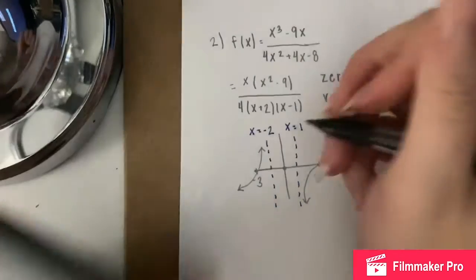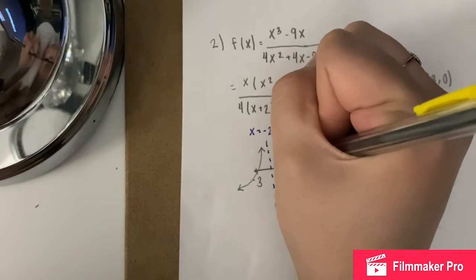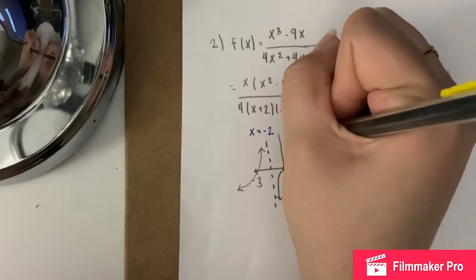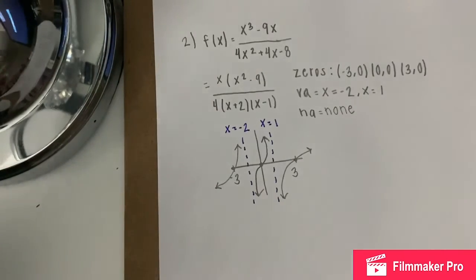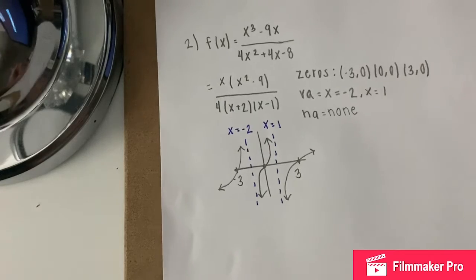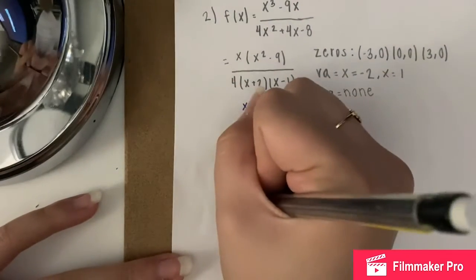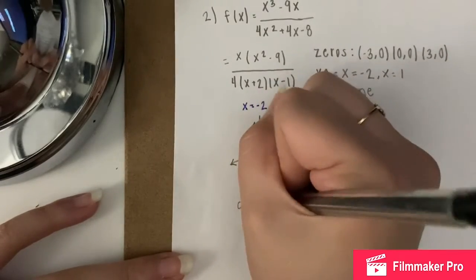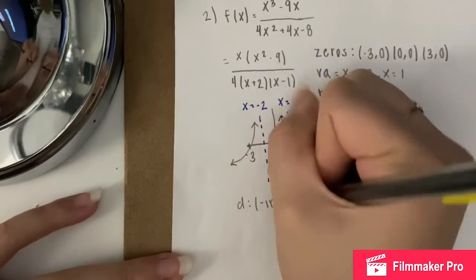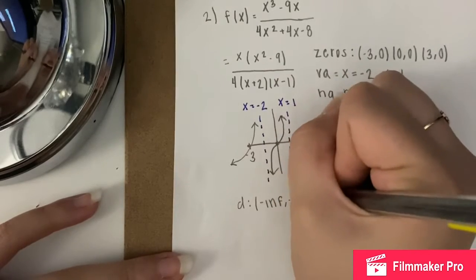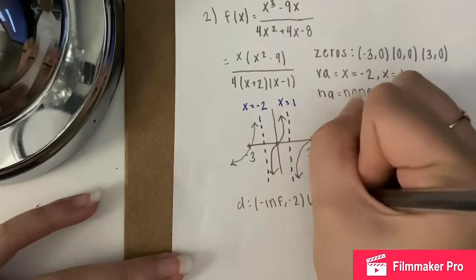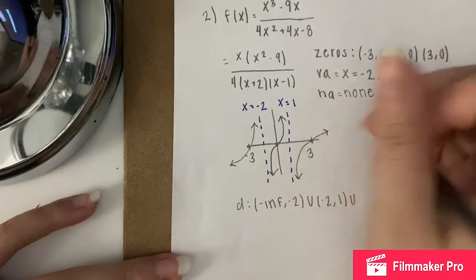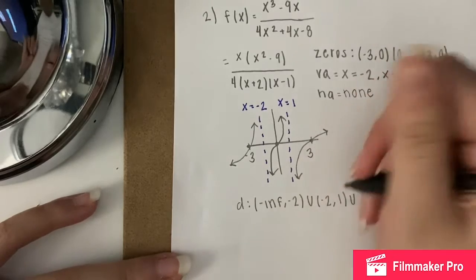And for the center, it's going to go like this, never crossing the asymptote lines. Okay, and now we can see what the domain is from the graph. The domain starts at -infinity, ends at -2, picks back up again at -2, ends at 1, picks back up again at 1, and continues to infinity.